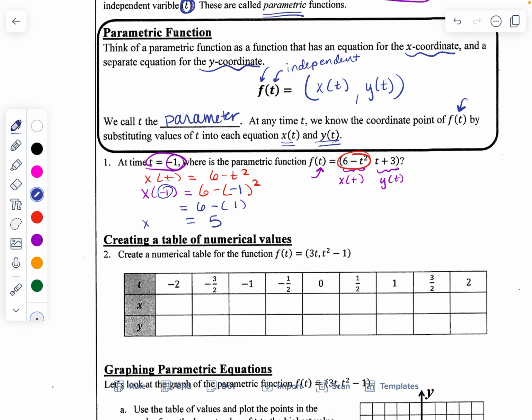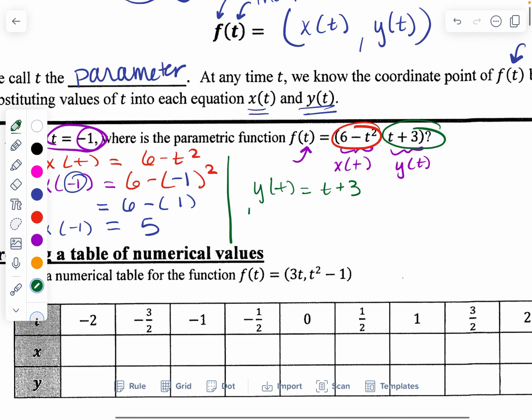So when t is -1, x of -1 is 5. Let's talk about y. In order to find y of t, which we know is t plus 3, I know y when t is -1 would be -1 plus 3. Well, this is 2. So we know y at t equals -1 is 2.